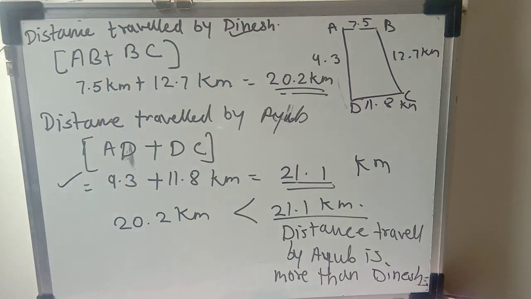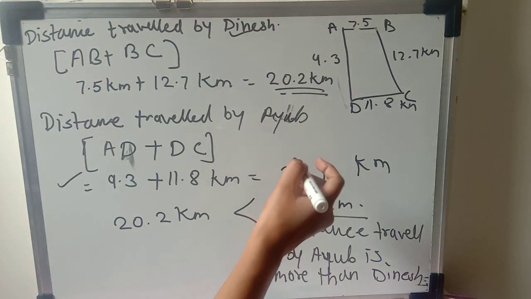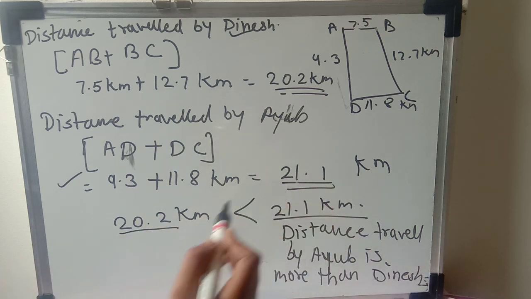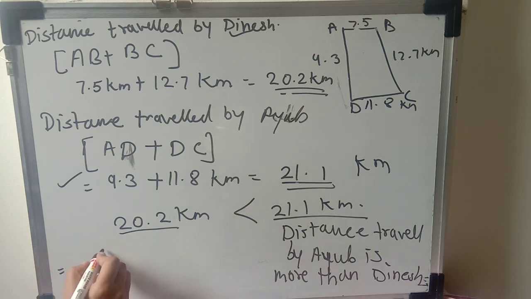Now how much more? What we have to do is subtract 20.2 kilometers from 21.1 kilometers. So here we get 21.1 minus 20.2.